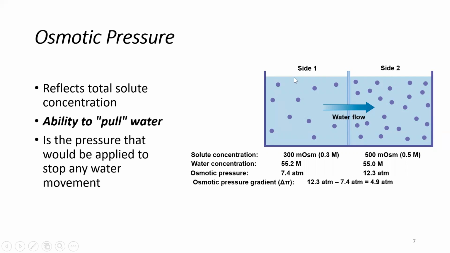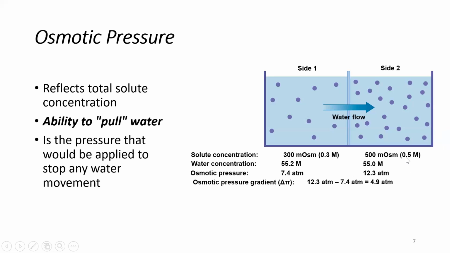So side one has a solute concentration of 300 milliosmoles, meaning that 0.3 moles of particles are dissolved in the solution. It has a water concentration of 55.2 moles, and then an osmotic pressure of 7.4 atmospheres. So this is how we represent the osmotic pressure using atmospheres as the unit. Side two, on the other hand, has a higher osmolarity, meaning more solutes dissolved.